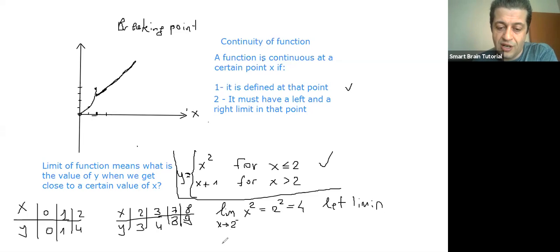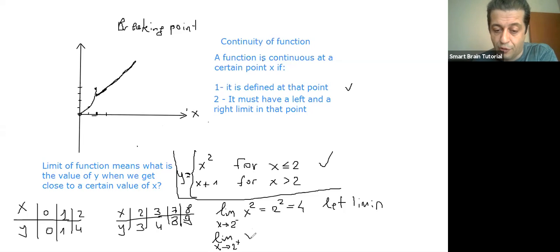Now we should find the value of the right limit, the limit when x goes to 2 from the right. That means values that are a little larger than 2 but approaching 2. So for x larger than 2, we have the second half of the function.